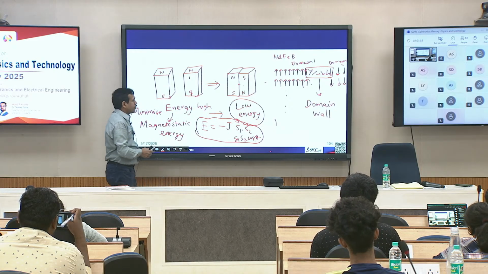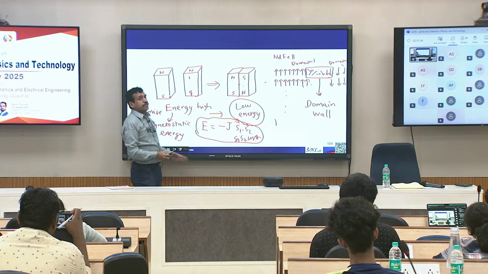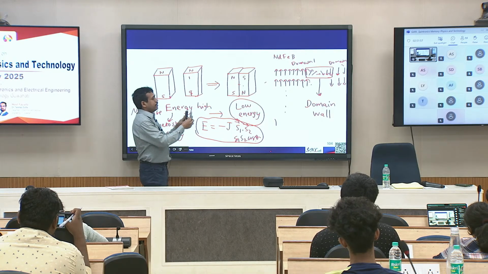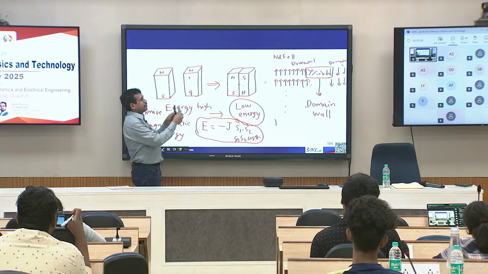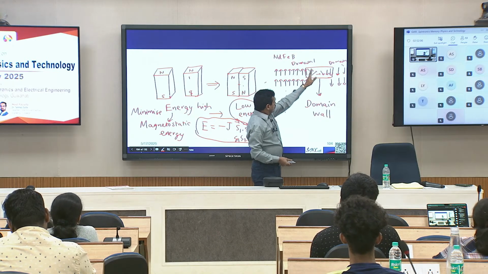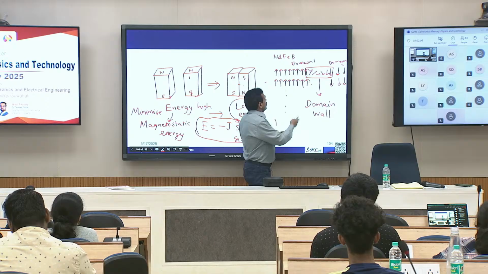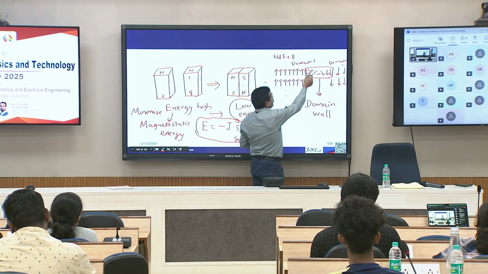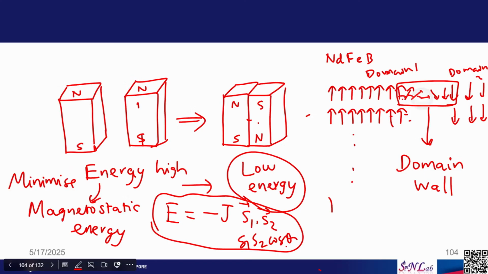We do not increase this energy drastically. When you go slowly from 0 degree to some angle gradually, the angle between these 2 spins will be, for example, let us say 15 degree, another 15 degree and so on. So the angle theta never goes from 0 to 180 degree, but it may go from 0 to 10 degree or 15 degree, depending on something that we will learn later.